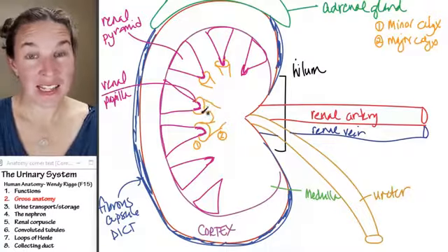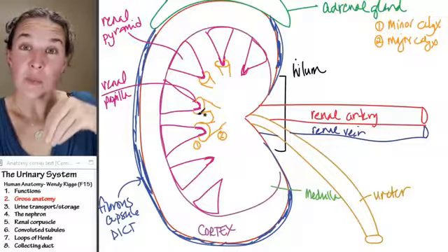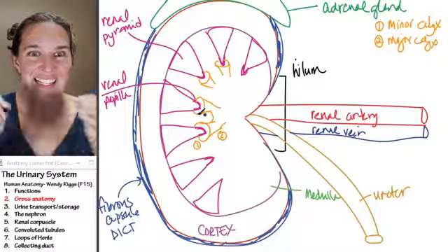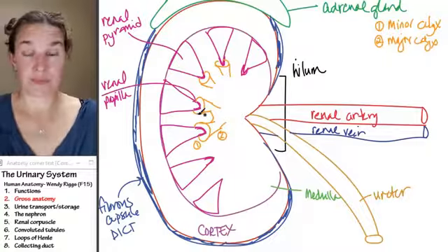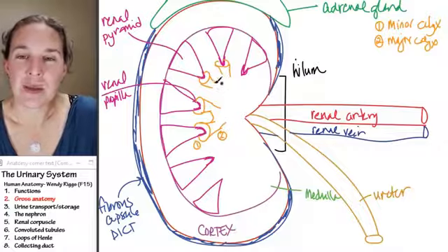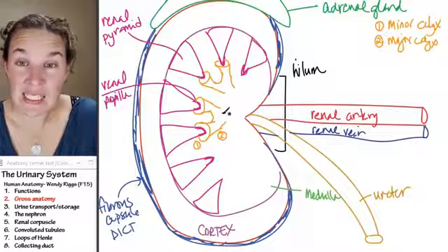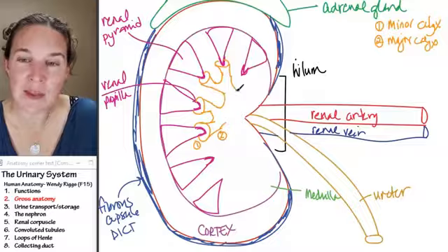So the minor calyx takes pee from one renal papilla. The major calyx takes pee from two minor calyces or more. And then guess what else happens? You can have multiple major calyces, and they all feed into the same zone.